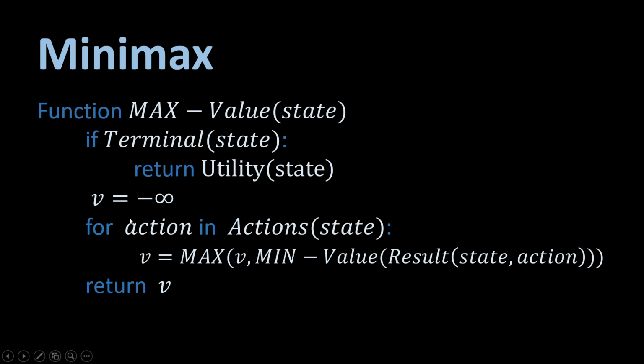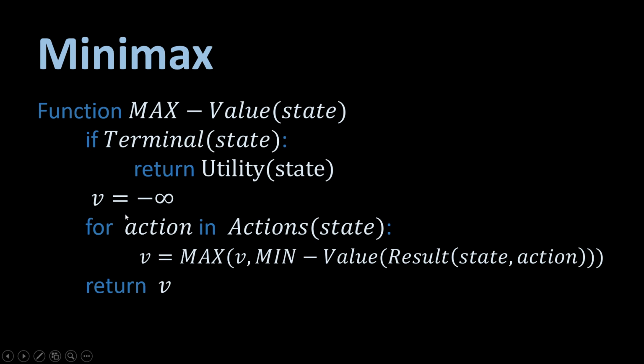I define a variable v as minus infinity, and the reason I do this is because there is nothing lower than minus infinity, meaning any action higher than this is better.